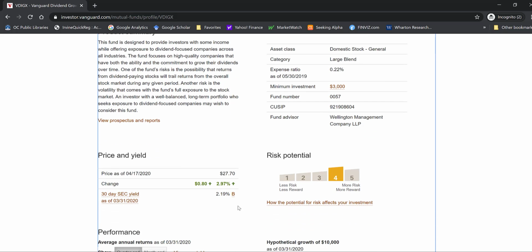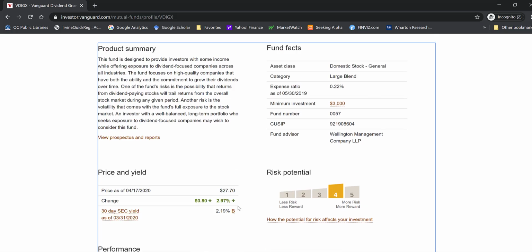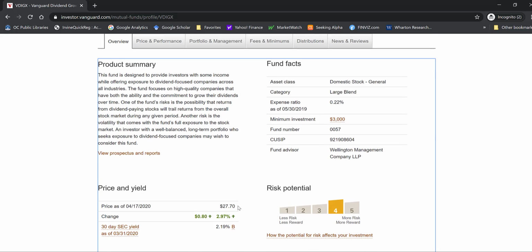So basically, what this means is that anytime you place your order to purchase the shares in a mutual fund, you don't observe the actual price at which your order would be filled. The price that you are observing is actually a stale price. It's a previous price. The order is always filled at the next NAV. So if you place it before 4 p.m. Eastern time, then NAV is calculated after the close of market at 4 p.m. So your order would be filled at that NAV that is calculated that same day after the close of market.